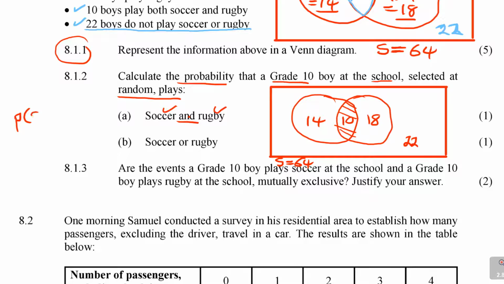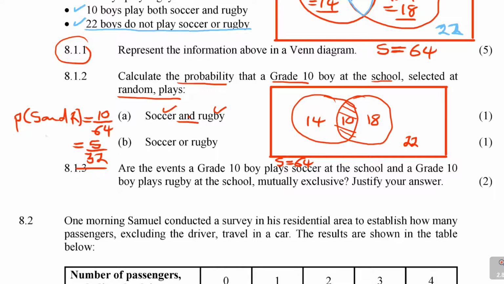Probability of S and R is equal to 10 over 64. You must always remember it's the number divided by the sample space. You can divide by 2, which gives 5 over 32, or you can just use the calculator to simplify for you.